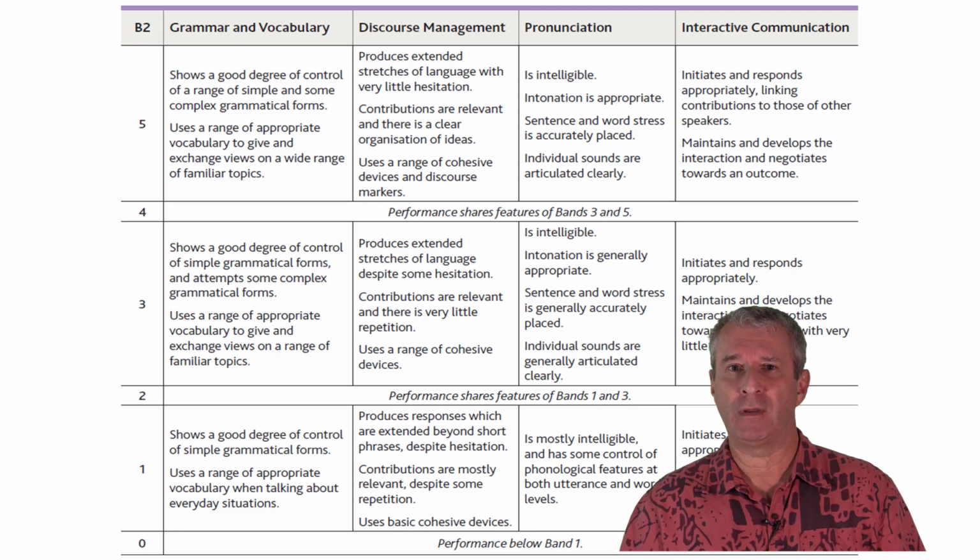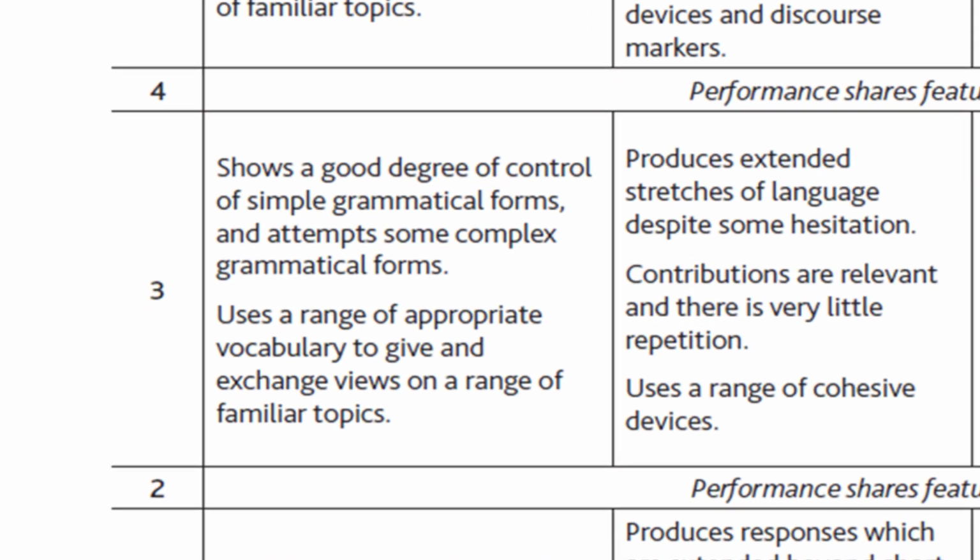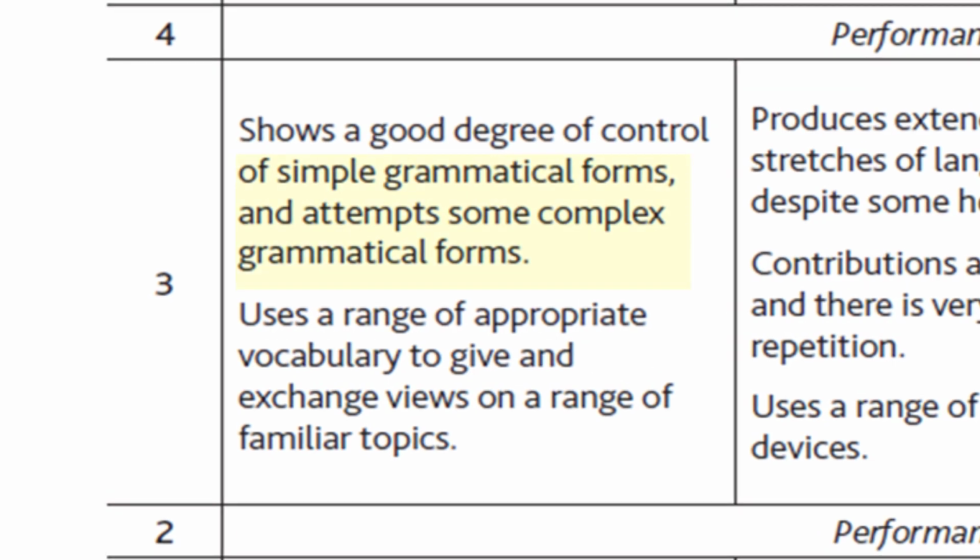For grammar and vocabulary, it says accurate, simple grammar and attempts or tries to say complex grammar. That means if you try to say a third conditional sentence, for example, and it's not correct, that's okay because you attempted to say some complex grammar.